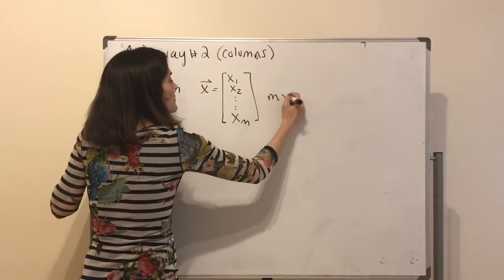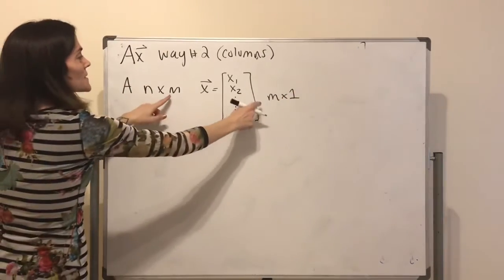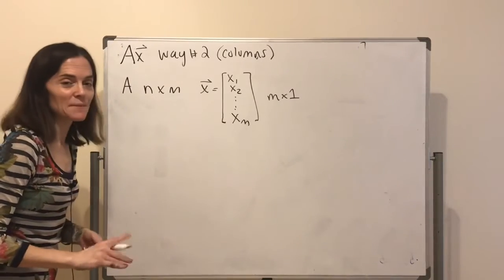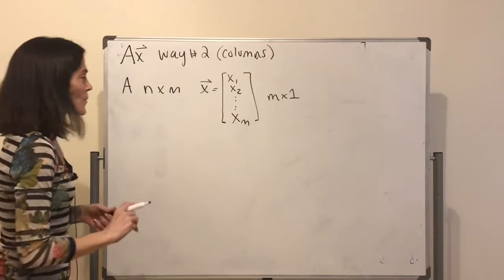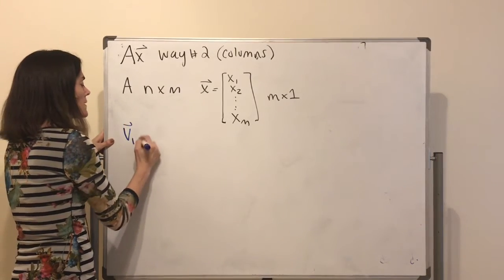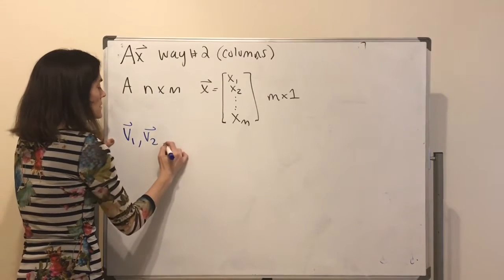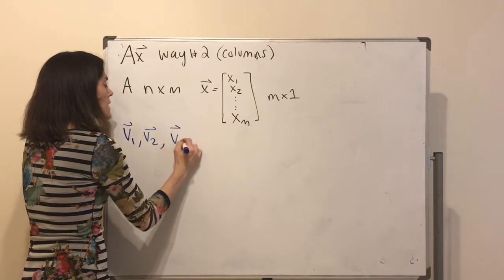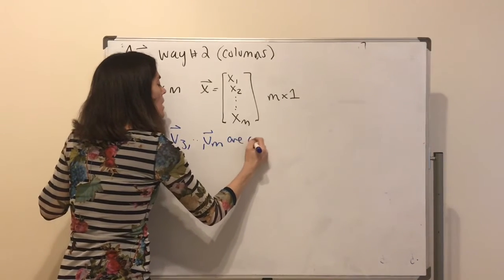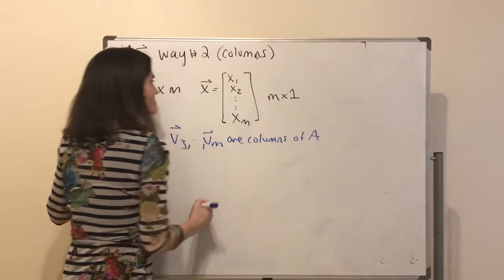This is M by 1, okay? And the middle ones match. We can make A times X. I'm going to get the exact same thing. I'm just using a different viewpoint. So let's suppose that V1, V2, how many columns do I have? M. V3 to VM are the columns of capital A.